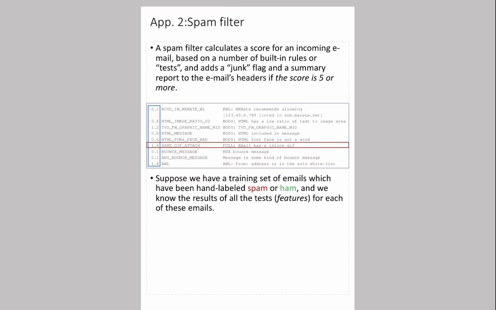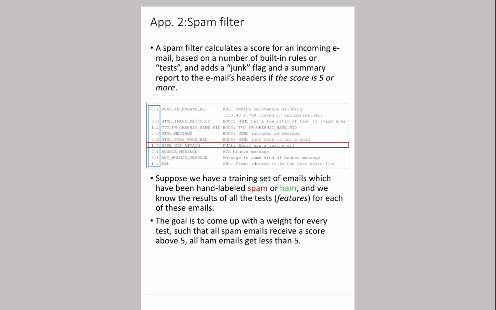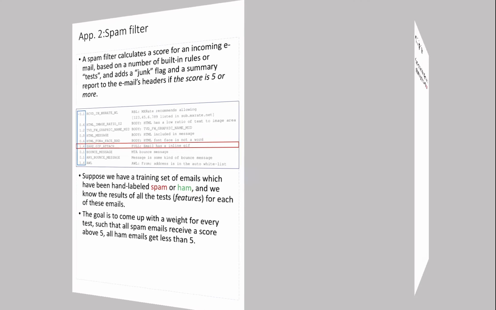Suppose we have a large set of emails, which have been hand-labeled as spam or ham, and we know the results of all tests for each of these emails. The goal is to come up with a weight for every test such that all spam emails receive a score above 5. All ham emails get less than 5.